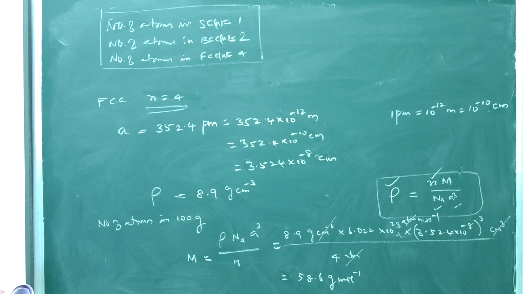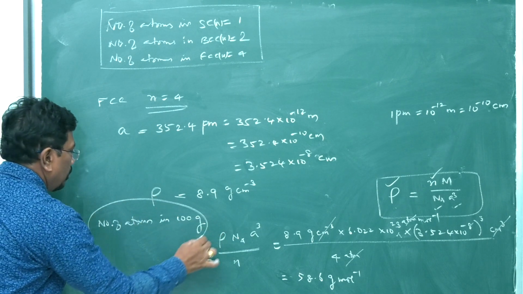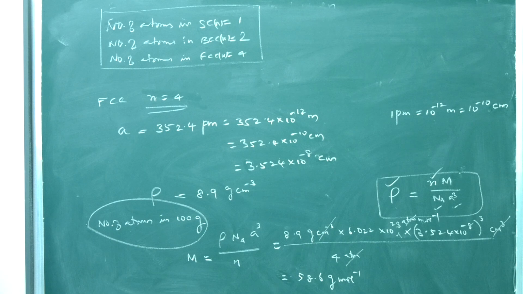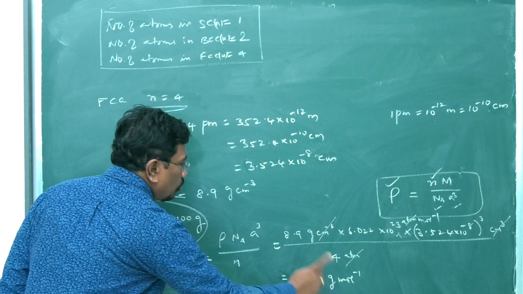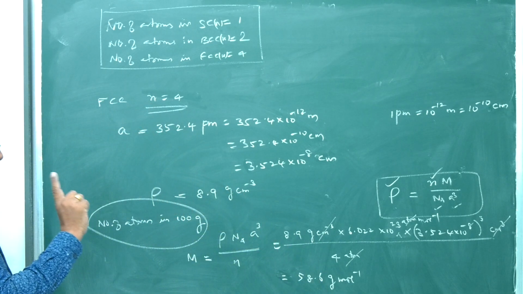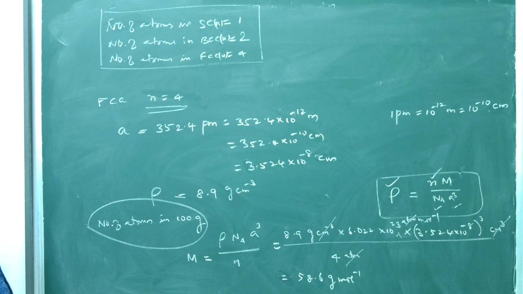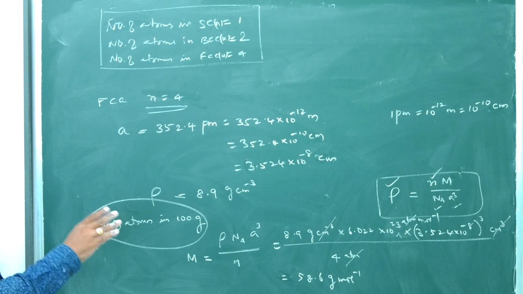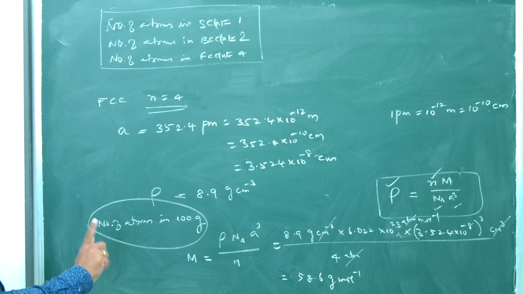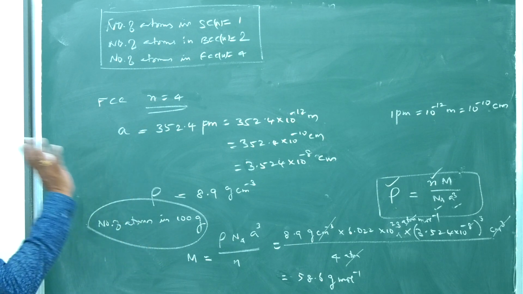Then molar mass was calculated, and then the question is number of atoms in 100 gram. 58.6 gram means 1 mole. All right. These many grams means how many moles? And in that many moles, how many atoms are present? 1 mole means 6.022 into 10 power 23 atoms.